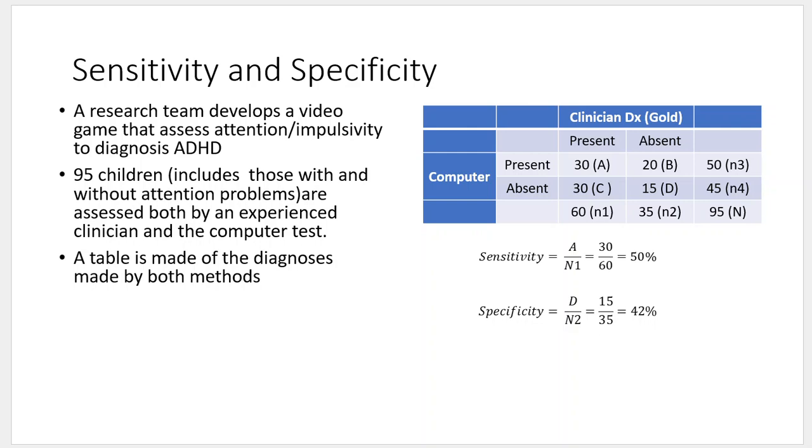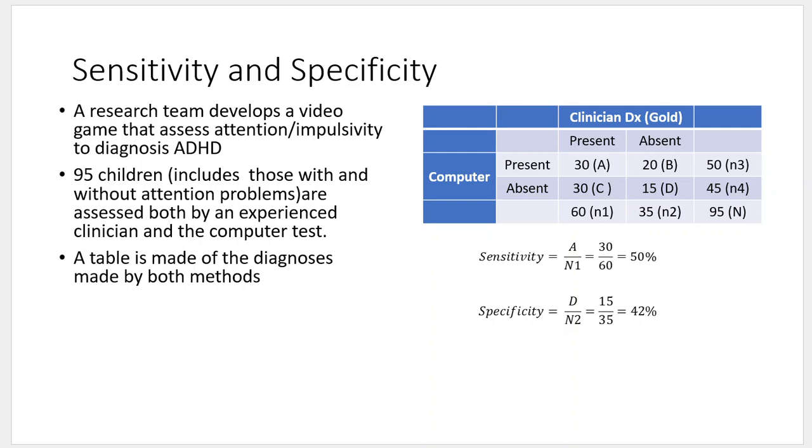They agree that the ADHD is absent in 15 cases, but then there are 50 cases where they disagree. So the sensitivity is calculated by cell A, the number of cases where the computer was right, agreed with the gold standard, over N1, the 60, the total of people who actually had the disorder, and we see that that is only 50%.